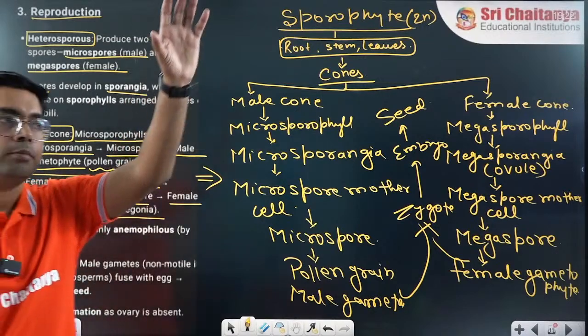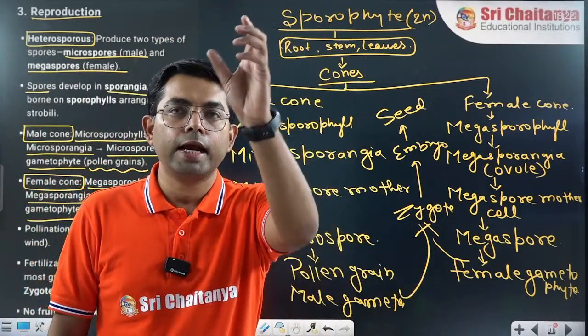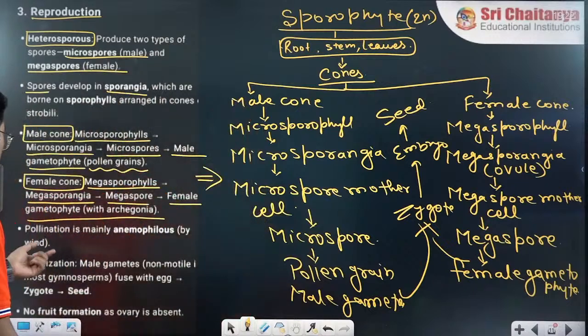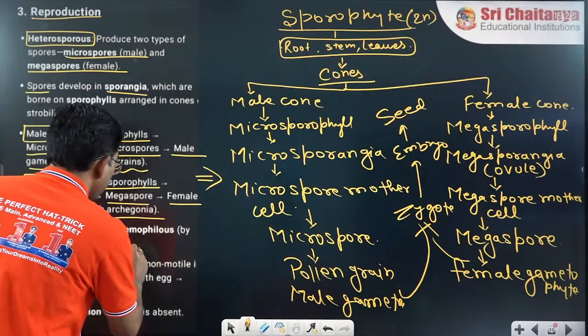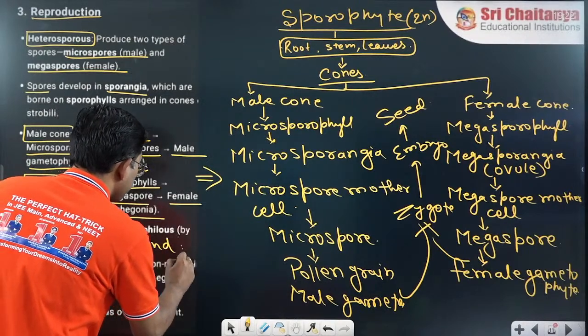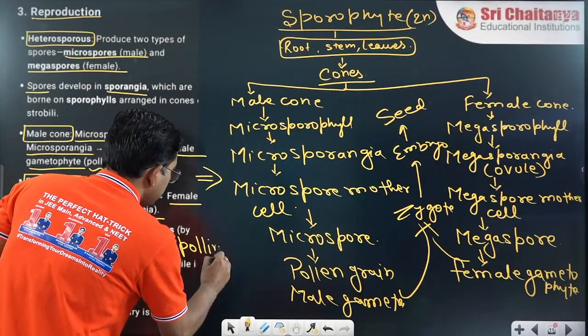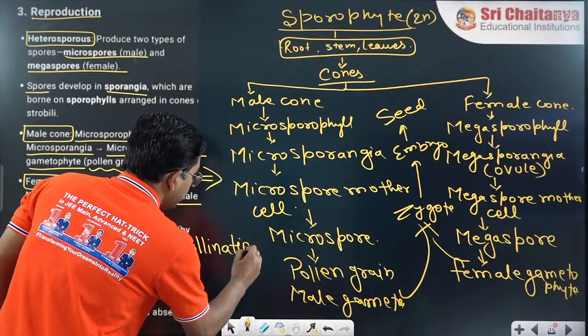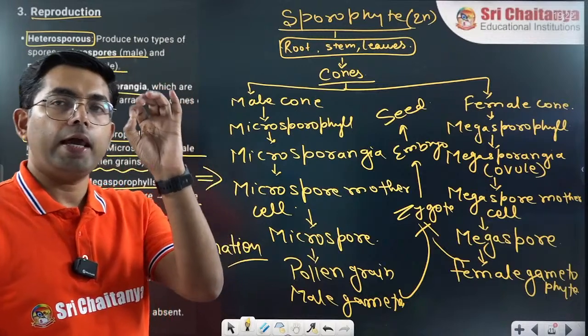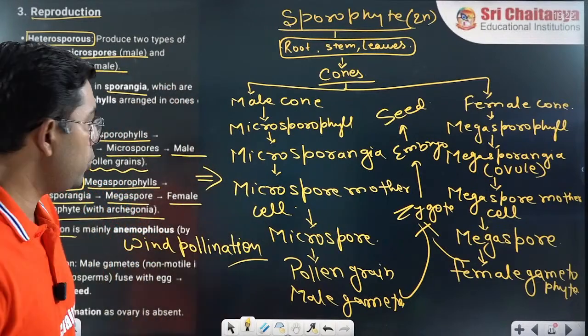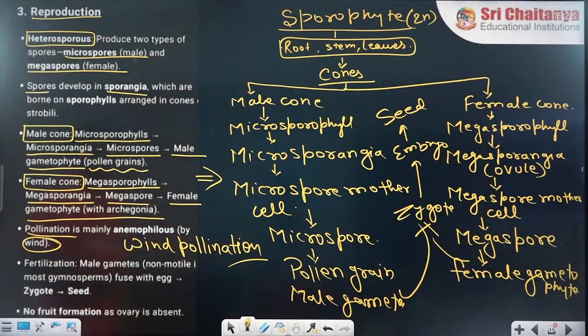So on one hand male gametophyte is formed, on the other hand female gametophyte is formed. Then pollination mainly takes place by wind pollination. See, in the angiosperm, pollination can take place through air, water, or with the help of insects. Here only wind pollination.